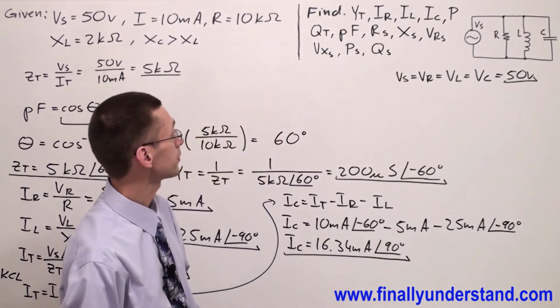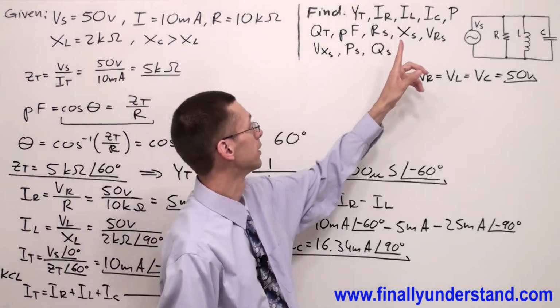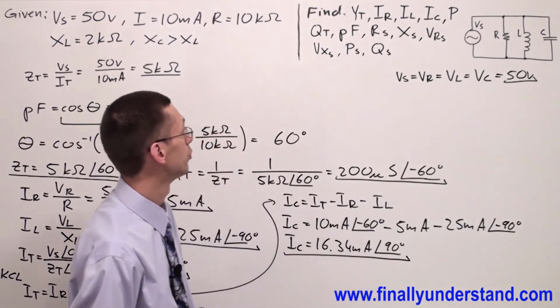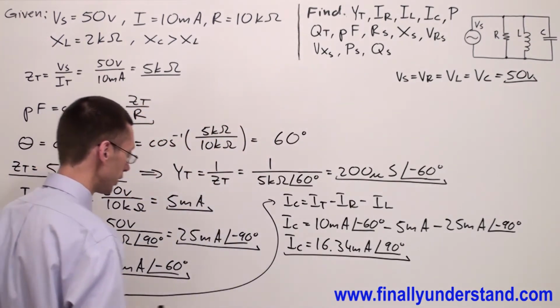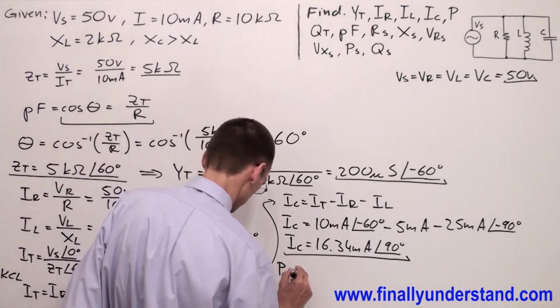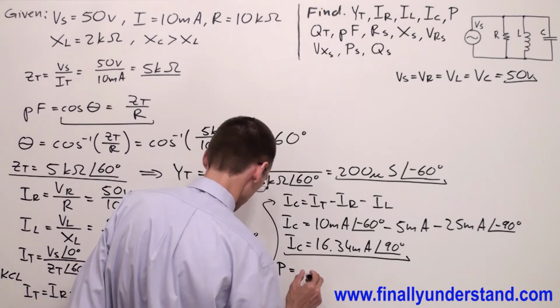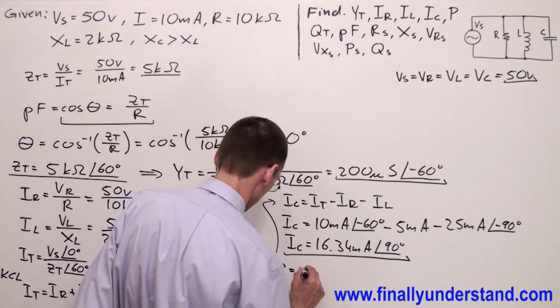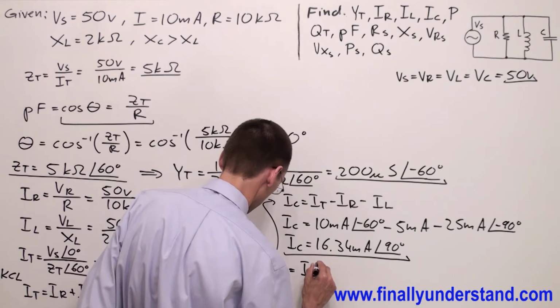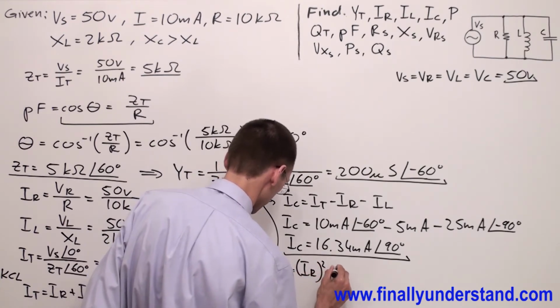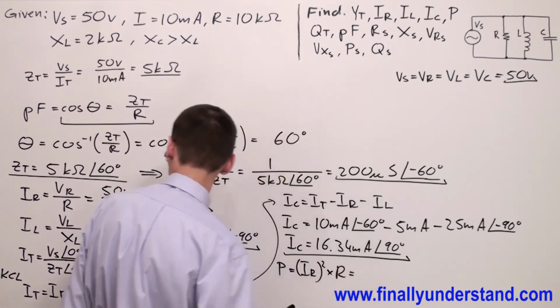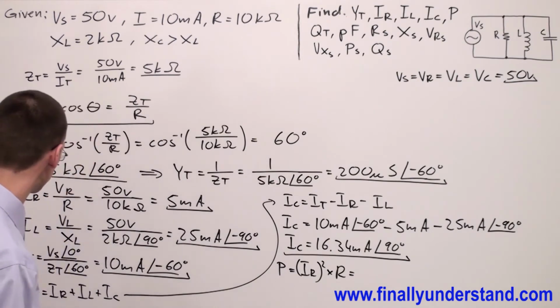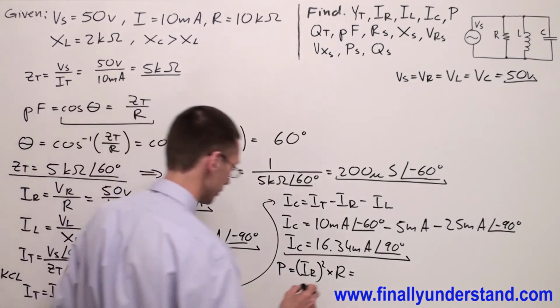Next, I'm supposed to find the true power. P true is equal IR squared times resistance. We found that the current which goes through the resistor is equal 5 milliamps.